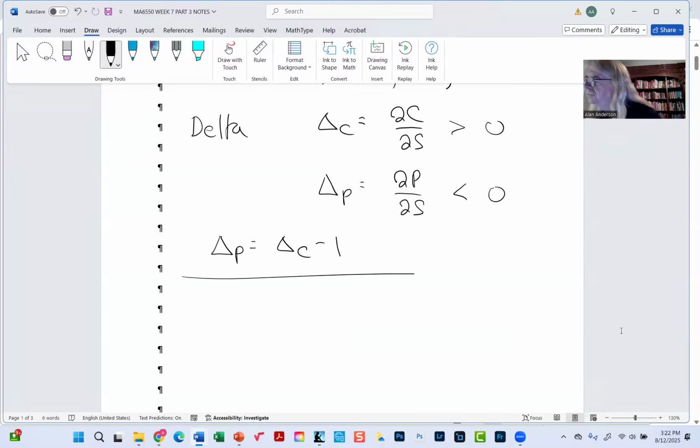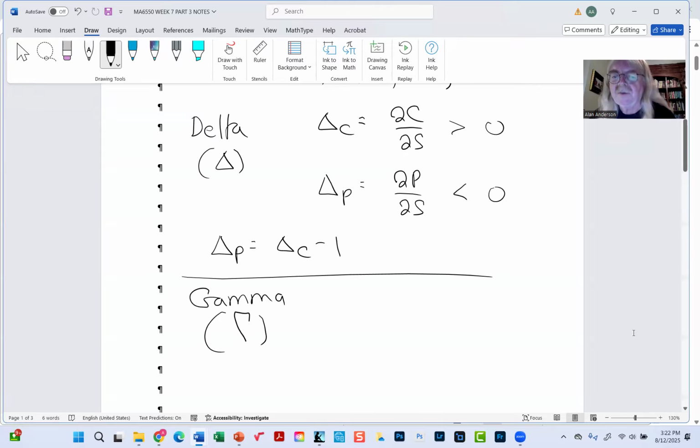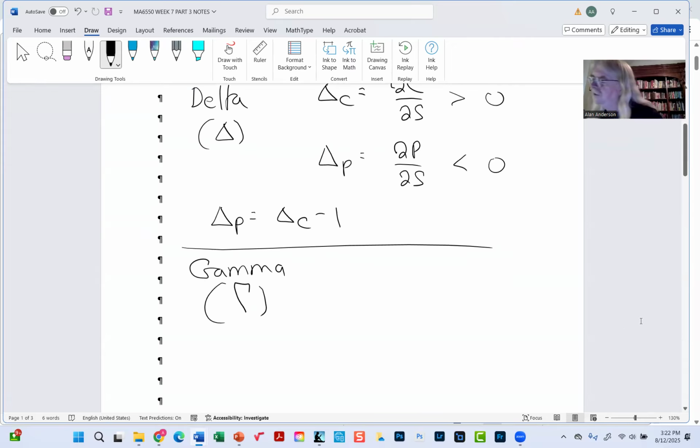And then gamma, remember we're using the uppercase gamma, which looks like a backwards 7. This is the one that has the unusual property that it actually is the same for both calls and puts.